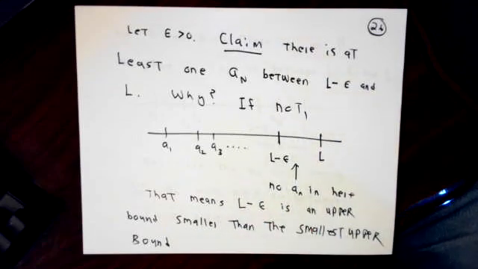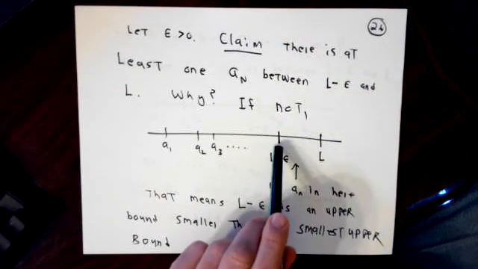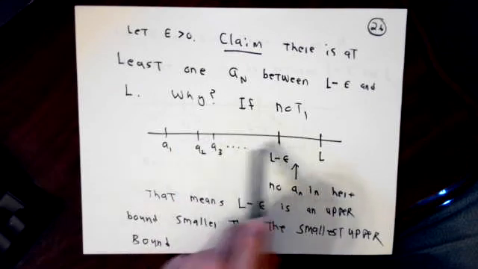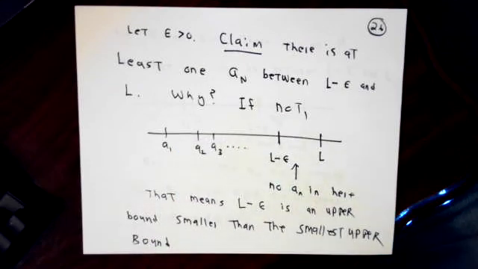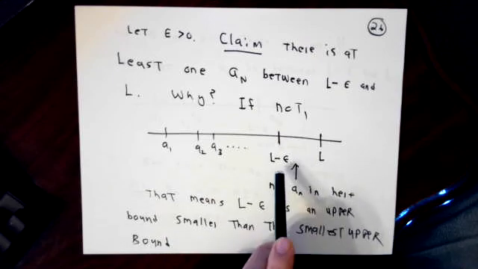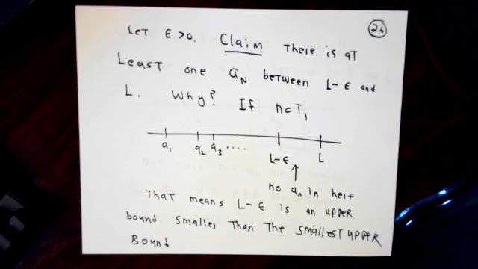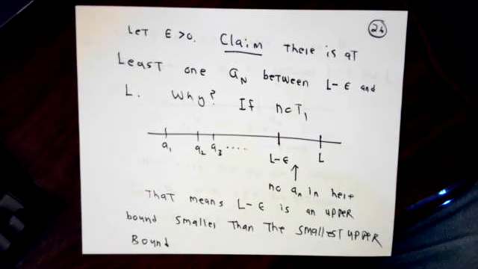And if that were the case, all of the a n's would have to be to the left of L minus epsilon. That would mean that L minus epsilon is an upper bound for the sequence, which is smaller than the smallest upper bound, and that's a contradiction, which is why we said what we said a moment ago.